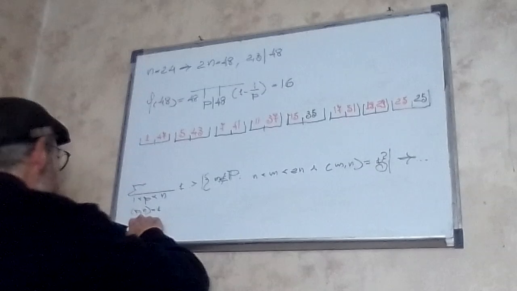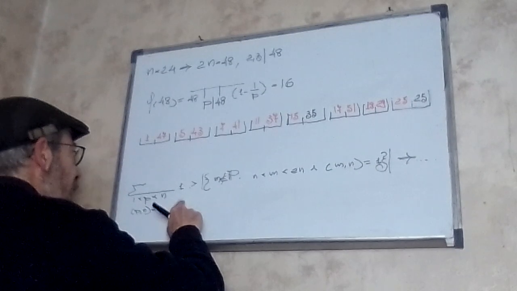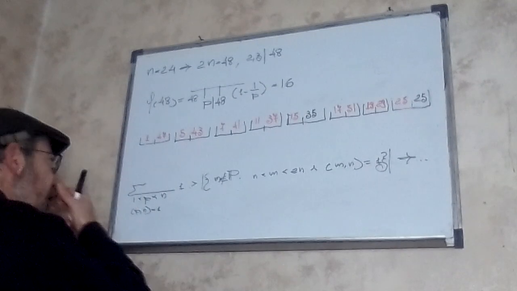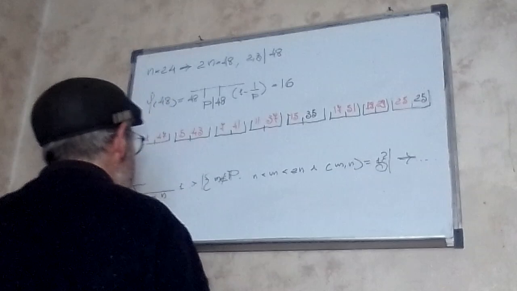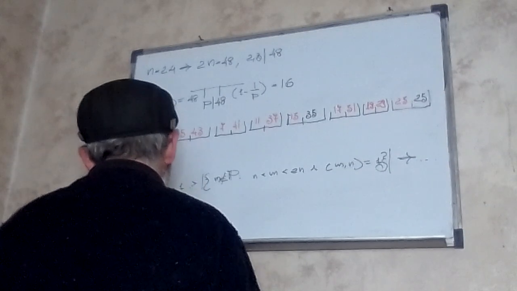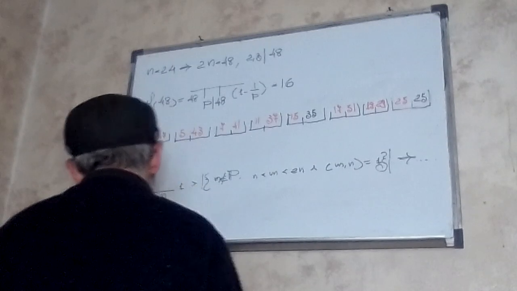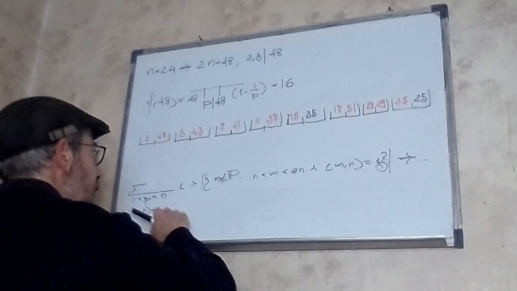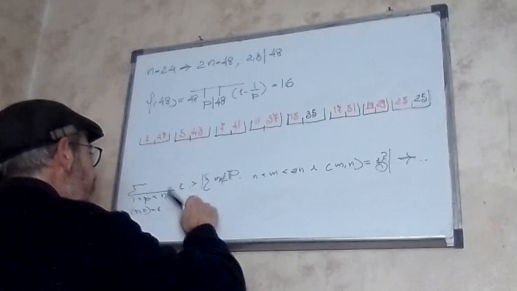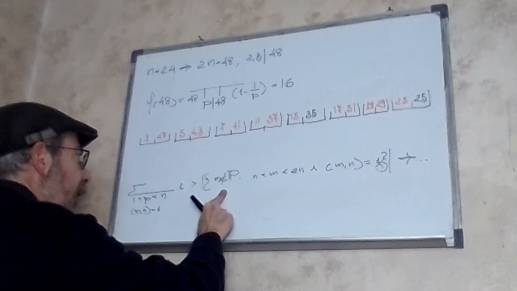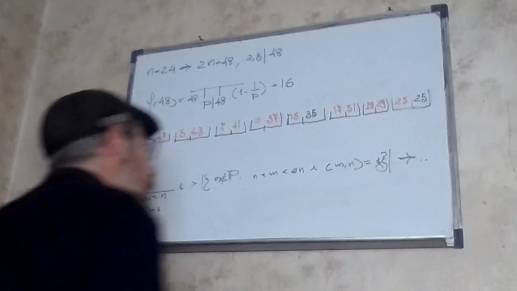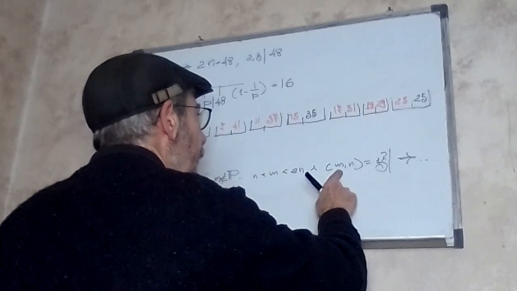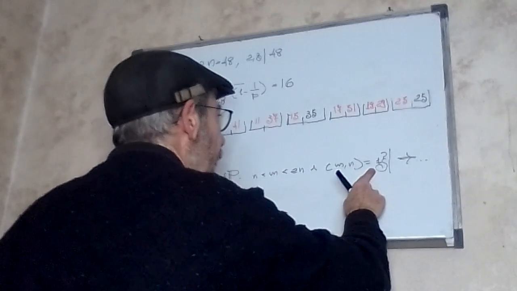So we can summarize with this formula: if the number of prime numbers between 1 and n and coprime with n is greater than the number of composite m between n and 2n with m and n coprime.